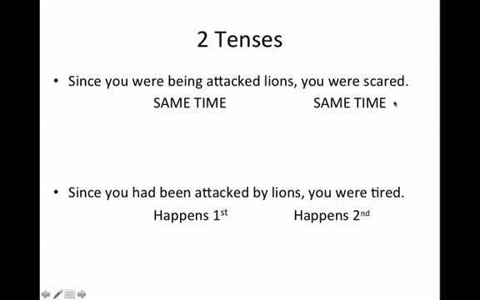So these are same time verbs, and as a result, you're going to use the imperfect subjunctive to indicate that it's the same time as the main verb. However, since you had been attacked by lions, you were tired. You're tired here after you've already been attacked by lions, obviously. And so because being attacked by lions happens first, before the main verb of being tired, that's going to be a pluperfect subjunctive.